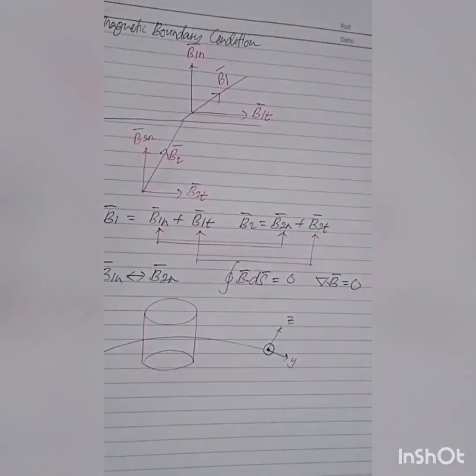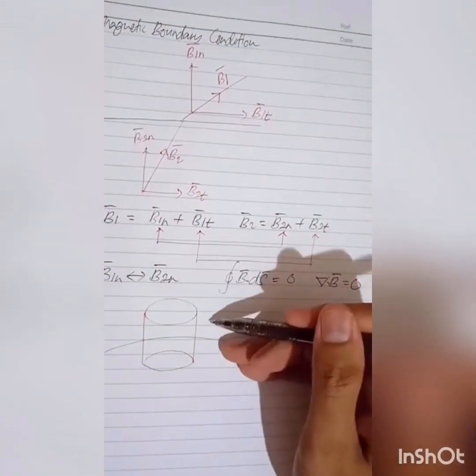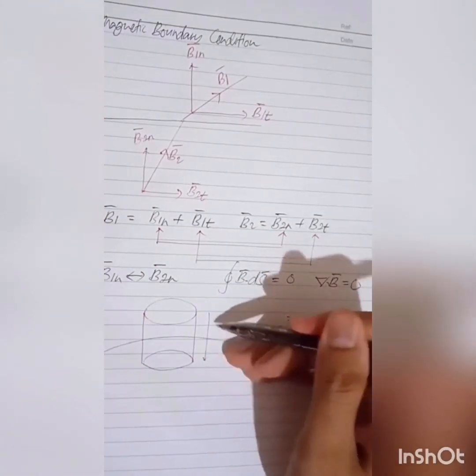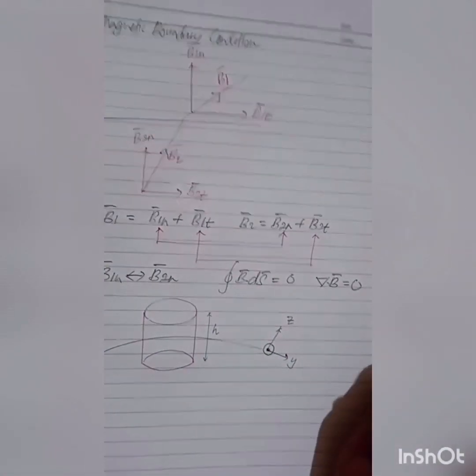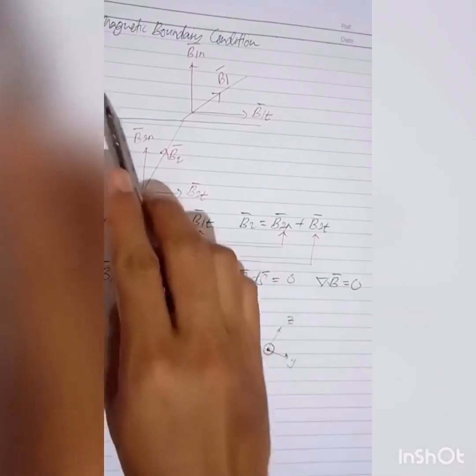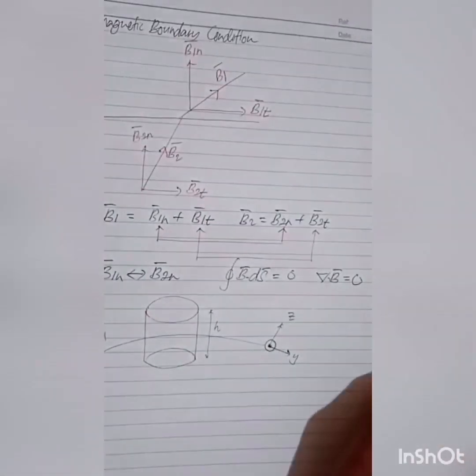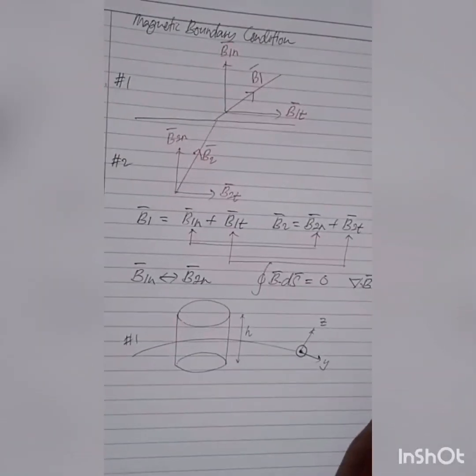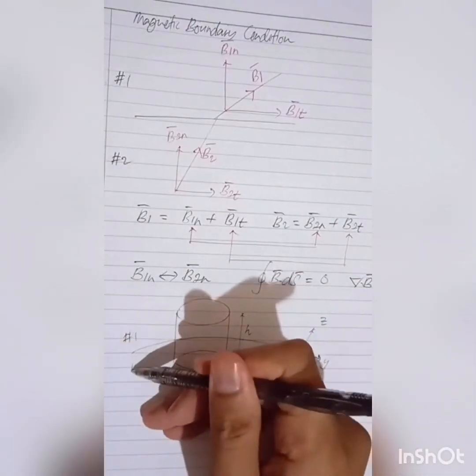Let's say this Gaussian surface has length or height equal to h. This is our first region as defined earlier, and down here is our second region.